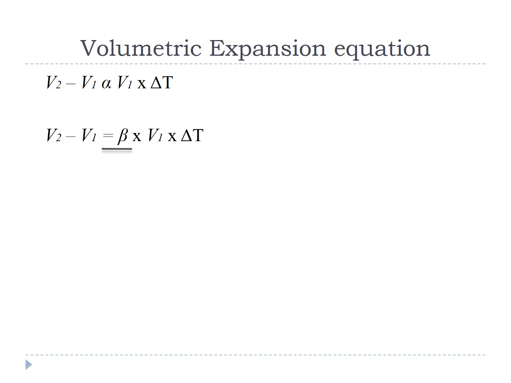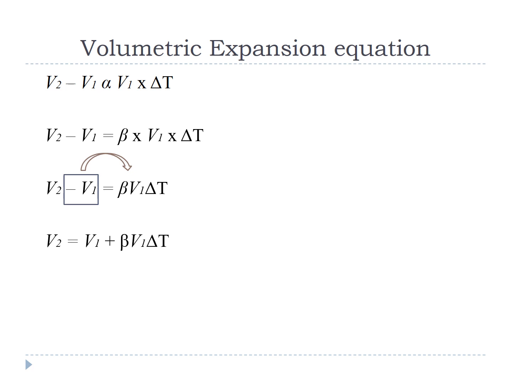Same thing, I can write it as V2 minus V1 is equal to beta V1 delta T. I have just removed the multiplication sign. Here minus V1 is there, and I'm going to put it onto the right hand side. So this will be V2 is equal to V1 plus beta V1 delta T. On the right hand side we have V1 written in two places, so we will take it as common.